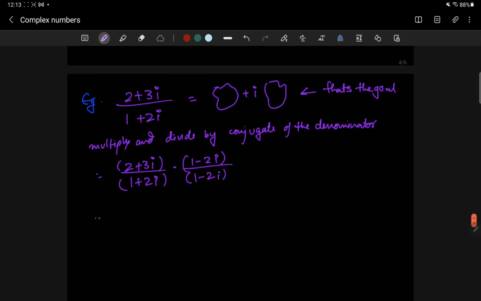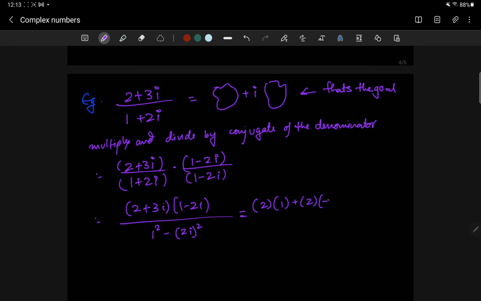Now the bottom part is going to be 1 squared minus 2i squared, and the top part is going to be just another multiplication. So if you multiply each term, 2 times 1 plus 2 times negative 2i plus 3i times 1 minus 2i, divided by 1 minus 4i squared.